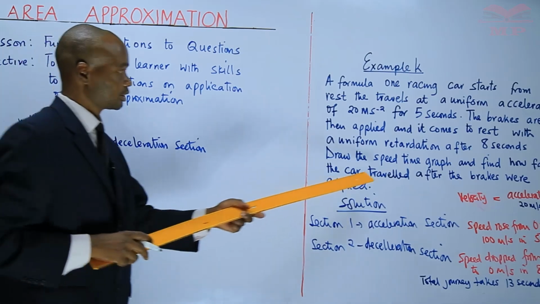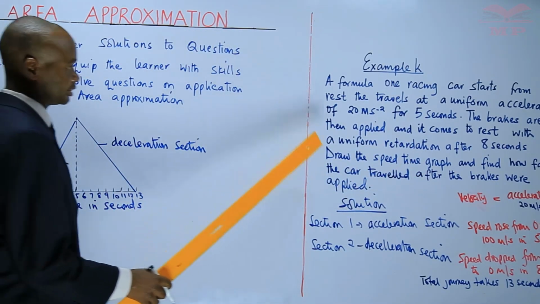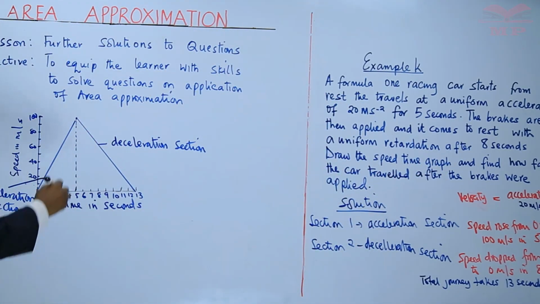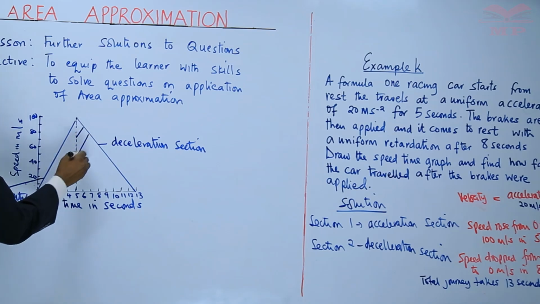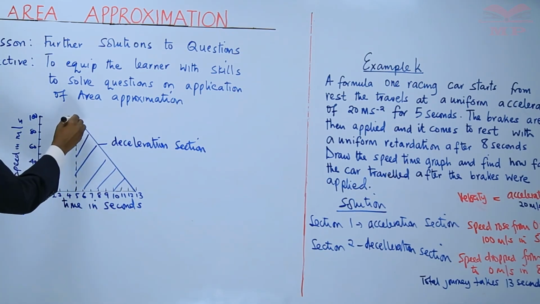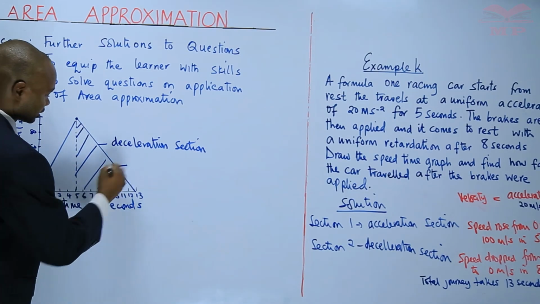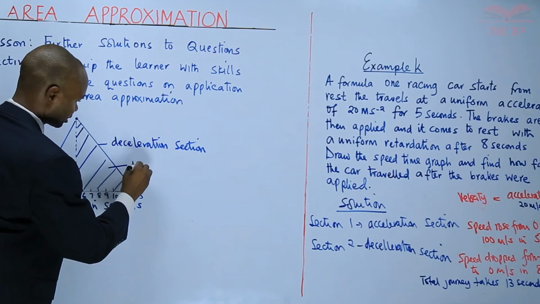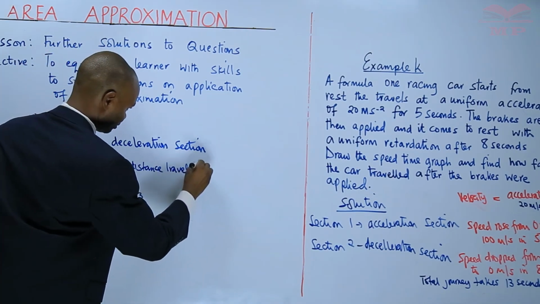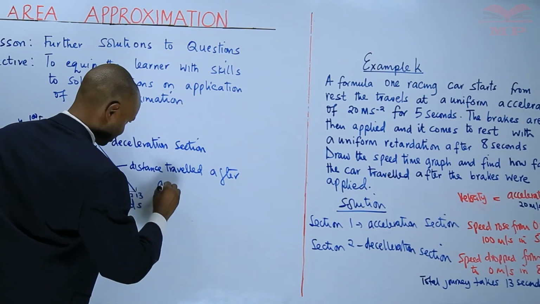They're asking you to draw the speed time graph and find how far the car traveled after the brakes were applied. So it is actually after the deceleration, this section: the distance traveled after applying brakes.